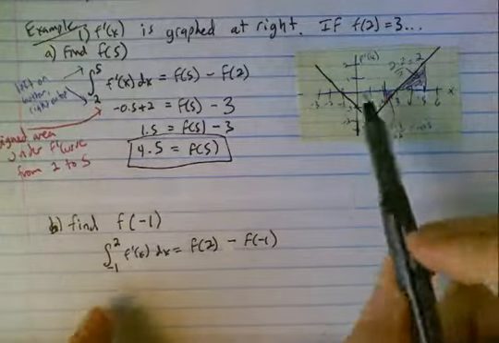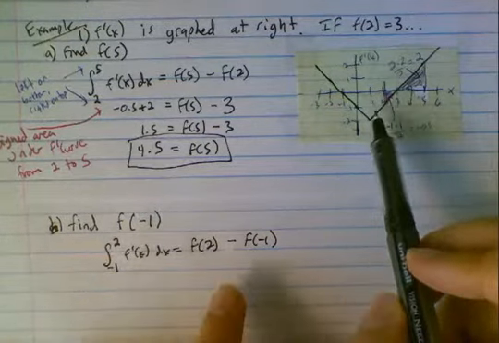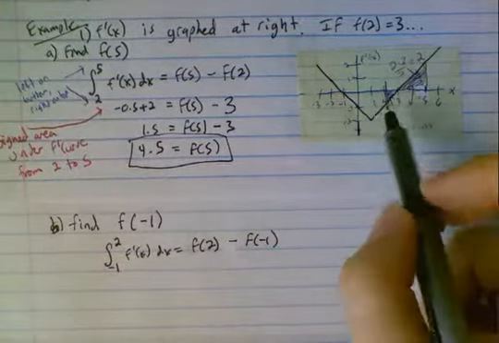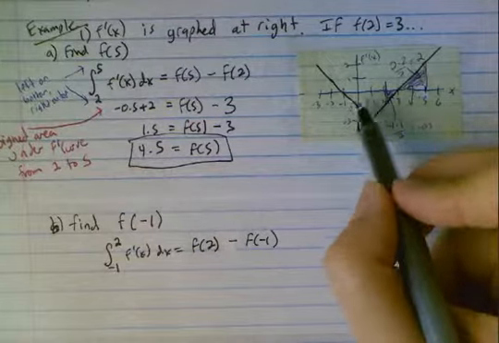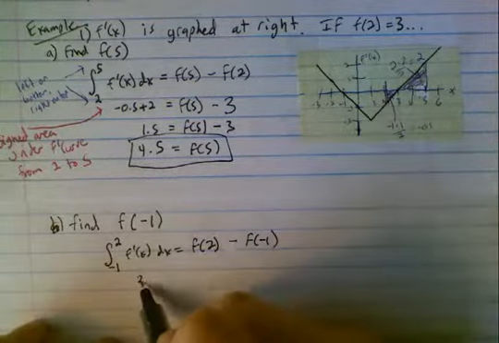And again, we know that the area from -1 to 2, right here, is going to give us this integral. And so what we have here, actually with this one, we can just count blocks. 1, 2, these are each a half, so that's 3, 3.5.